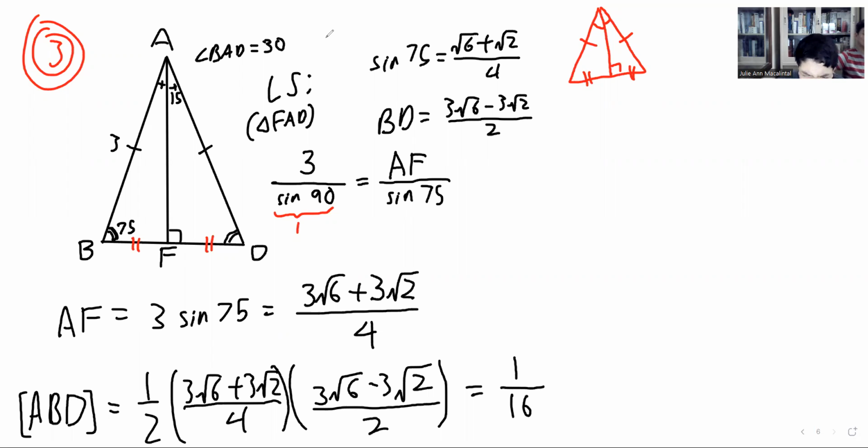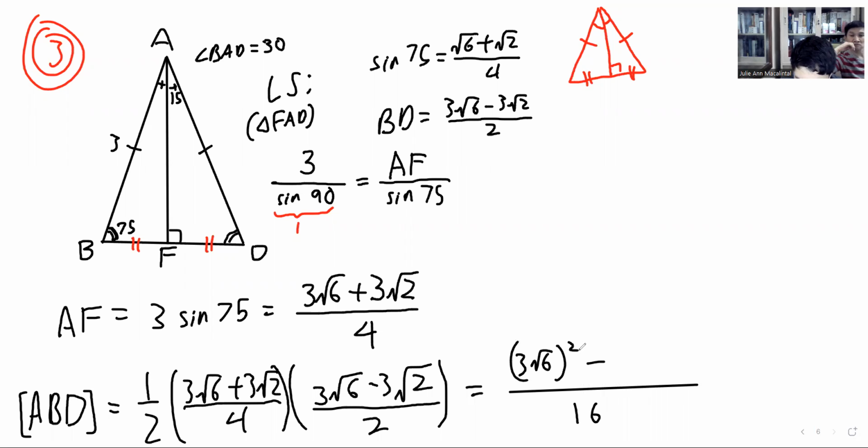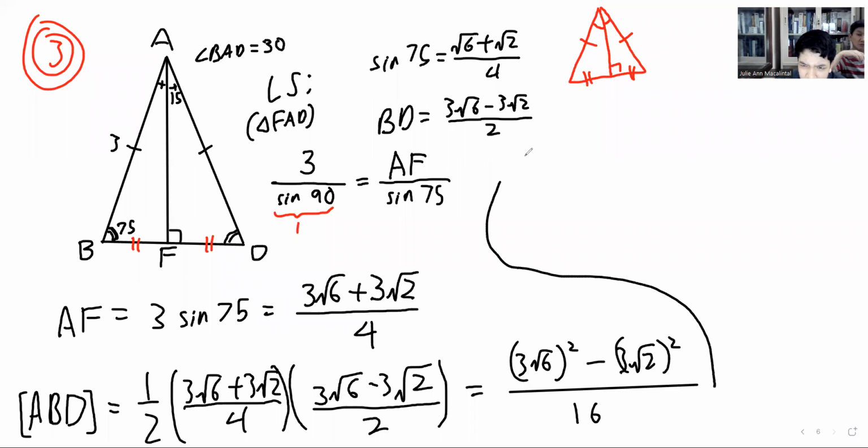I'll just put 1 over 16 in the very bottom. 16 squared minus squared 2 squared. Oh, what happened? Wrong. Maybe I should continue here, or I'll just continue here. Yes.